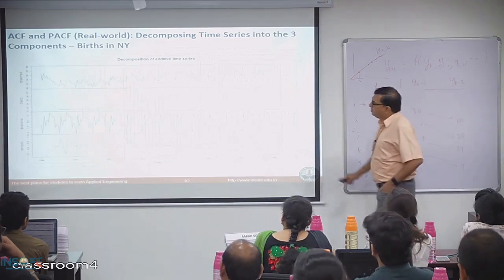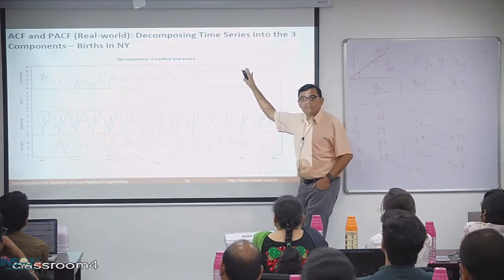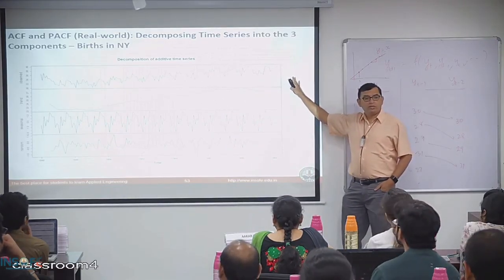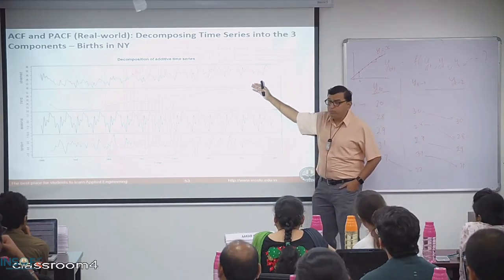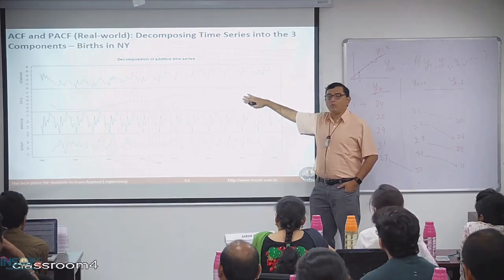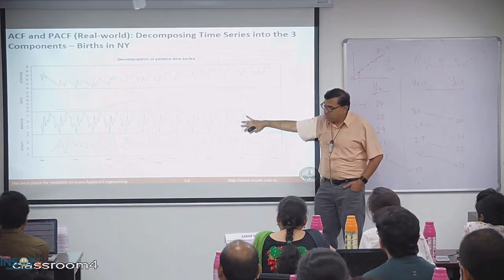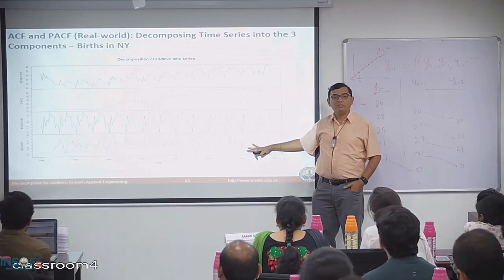This is the births in the New York birth count chart. We have split that chart into a trend component, a seasonal component, and a random component.